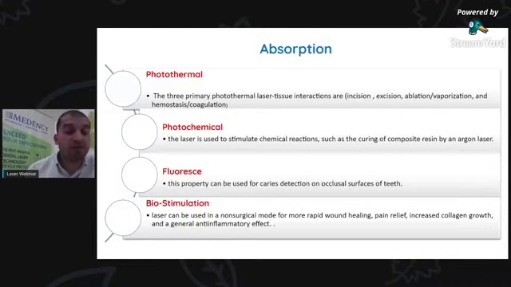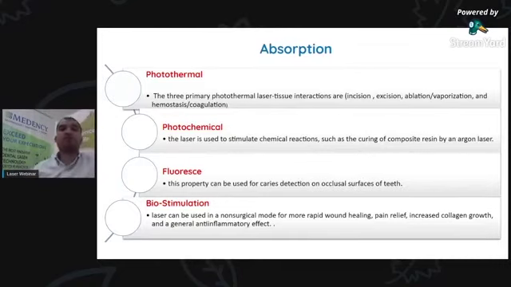The second effect which can happen is something called photochemical. The laser stimulates a chemical reaction, such as composite curing with specific types of laser or specific types of light. The third effect, fluorescence. This is very much used in occlusal surface caries detection, such as in Diagnodent.